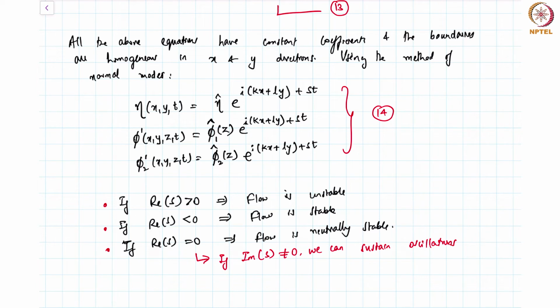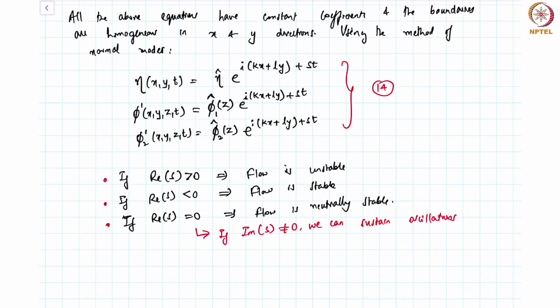So the flow can sustain oscillations forever. It's forever because the real part of s, which is the amplitude variation, how the amplitude grows and decays in time, is 0. Therefore, if you have a perturbation, that perturbation will continue to oscillate forever. That's when the real part of s is equal to 0.